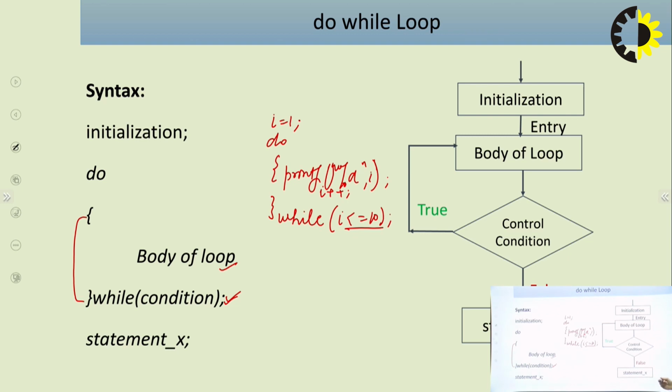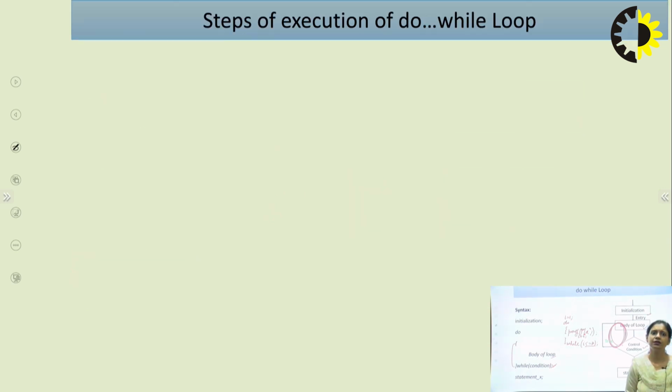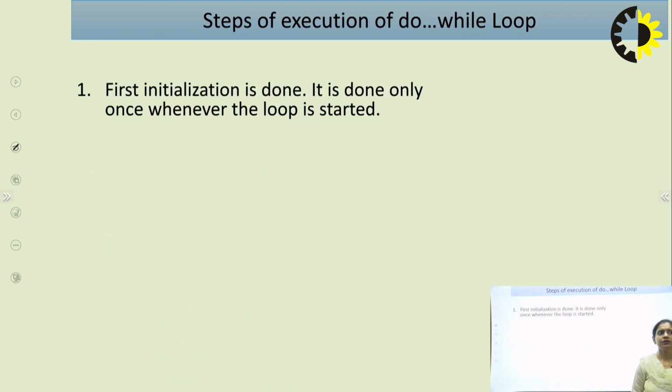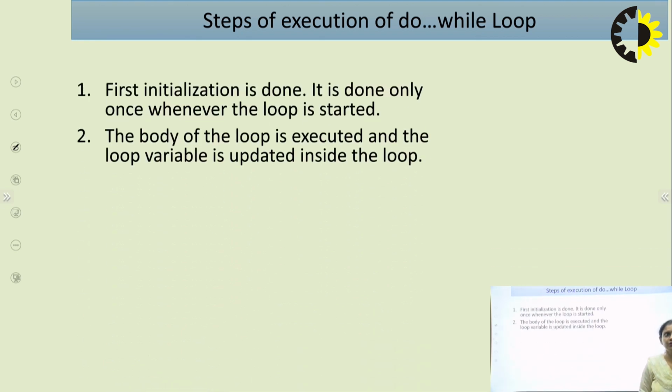Coming to the flowchart of the loop: initialization, the body of the loop is executed, then the condition is checked. If the condition is true, then the body of the loop keeps on executing. Once the condition becomes false, the statement X that is outside the loop will be executed. So the steps of execution change over here.